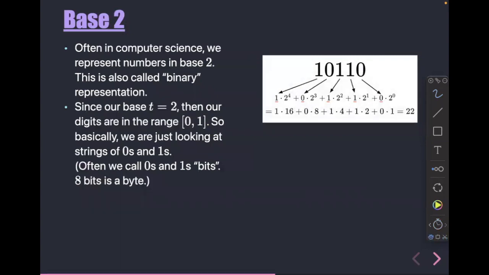The number 22 in base 10 is represented this way in binary. We'll talk more about that, but the idea is that in base 2, all your digits are going to be either 0 or 1. This is the idea of bits. A 0 or a 1 is a bit, and 8 bits is a byte. That's just common computer science lingo.